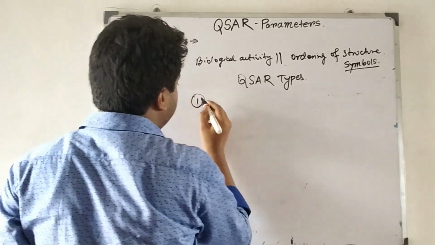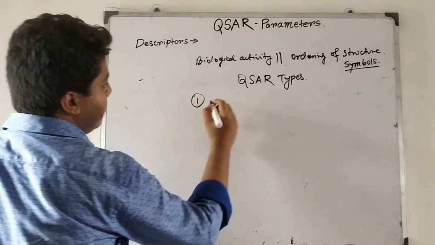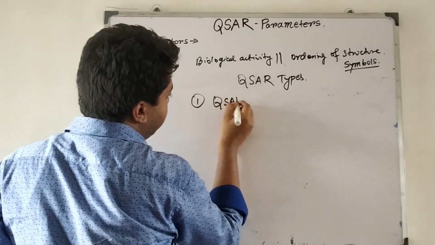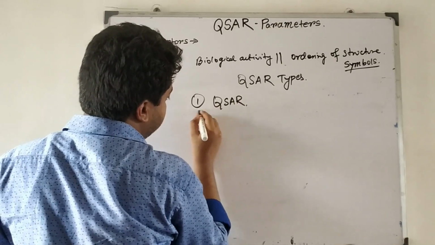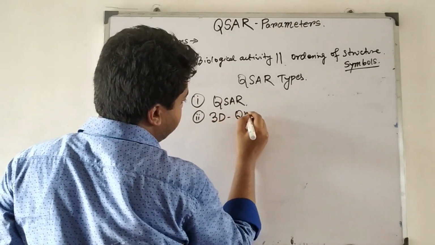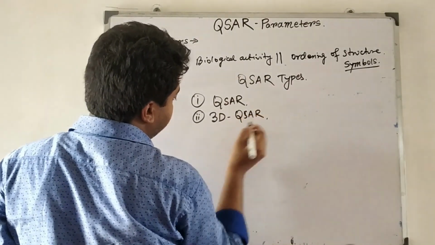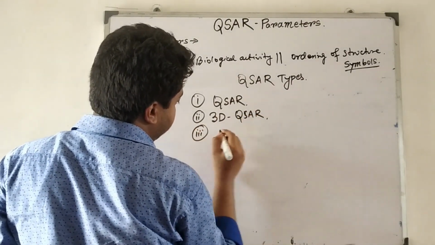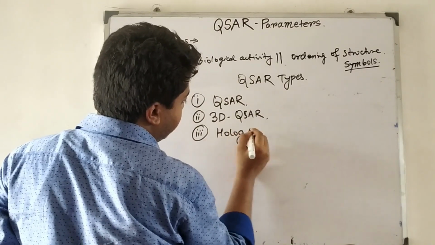So here we will understand about only QSAR. Also, one type is 3D QSR, and the third one is hologram QSR.